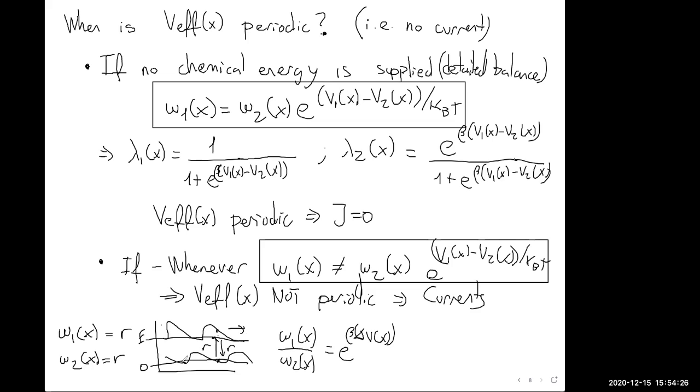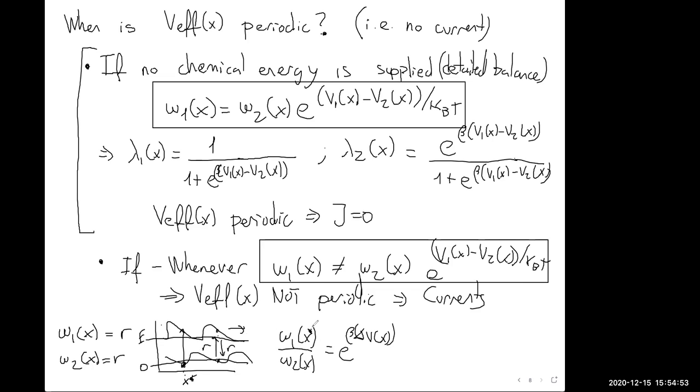Imagine I jump from here to here. The potential here is 0. The potential here is E. So if I want to have detailed balance, so no current, the rate up and down should be related by e to the minus beta E.